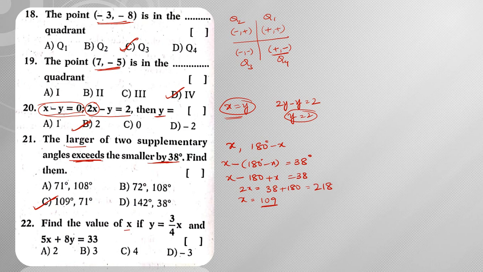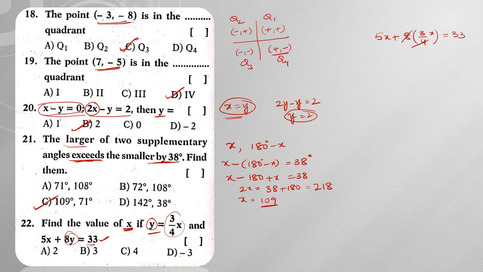Next, find the value of x if y is equal to 3/4 x and 5x plus 8y is equal to 33. Since I need the value of x, I need to eliminate the value of y in the second equation. So substitute this y is equal to 3/4 x in the second equation. Then what I am going to get, 5x plus 8 times, instead of y I can write 3/4 times x, which is equal to 33.